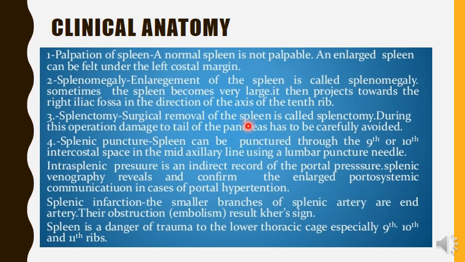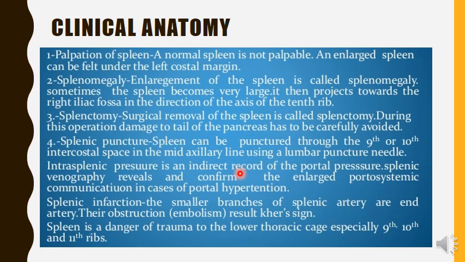Then splenectomy. Surgical removal of the spleen is called splenectomy, and during this operation damage to the tail of the pancreas has to be carefully avoided. Then splenic puncture. The spleen can be punctured through the 9th or 10th intercostal space in the mid-axillary line using a lumbar puncture needle. Intrasplenic pressure is an indirect record of portal pressure.